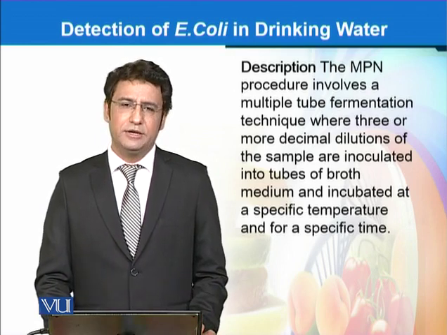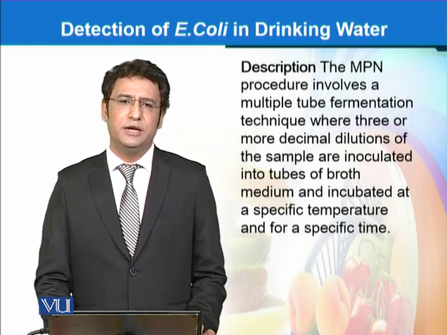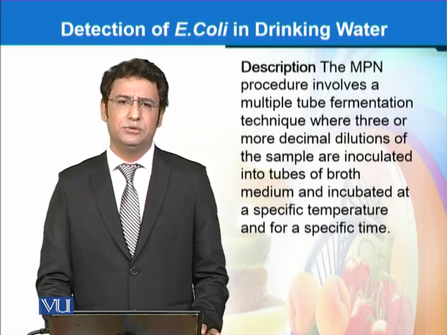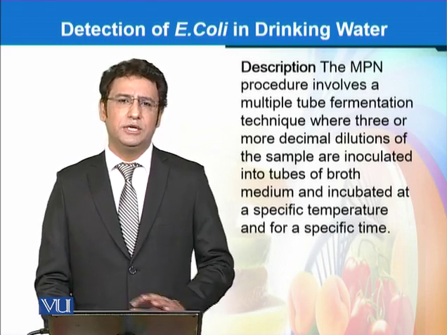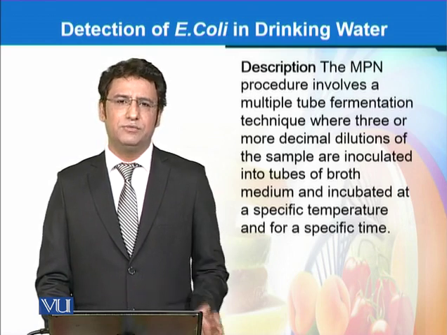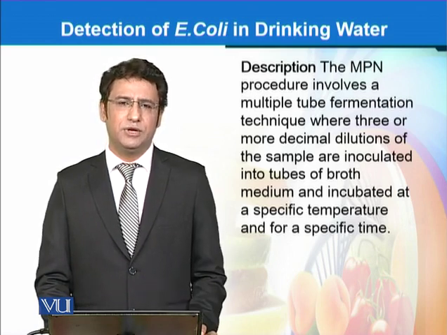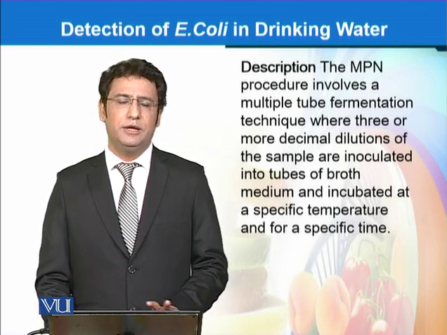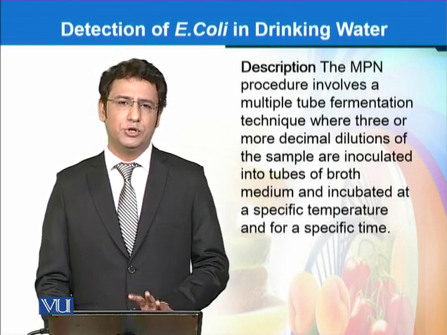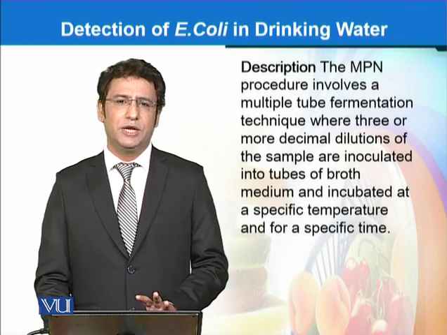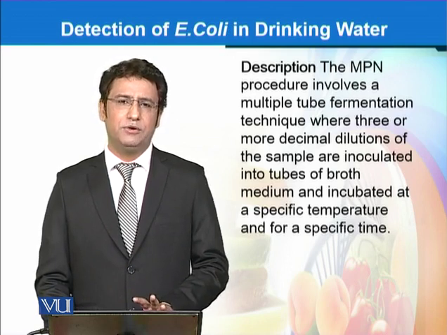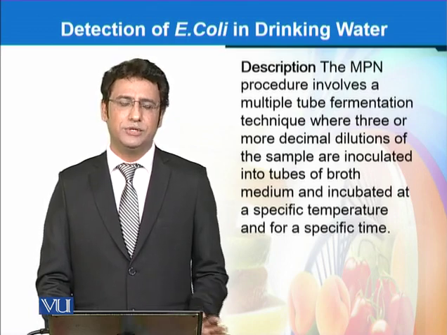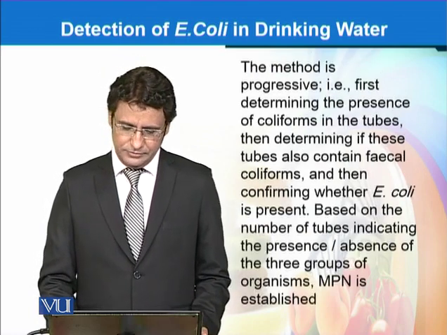Then they are given certain conditions, different growth medium, specific time and temperature, by which we get to know the indications of growth of different kinds of E. coli or fecal E. coli within these tubes. And by looking at the most probable number table, we can look at the probability of presence of these pathogens in these food or drinking water sources.